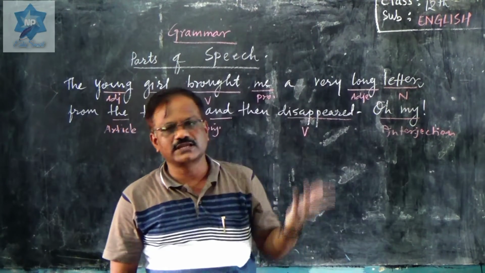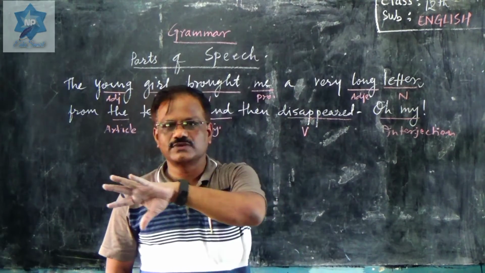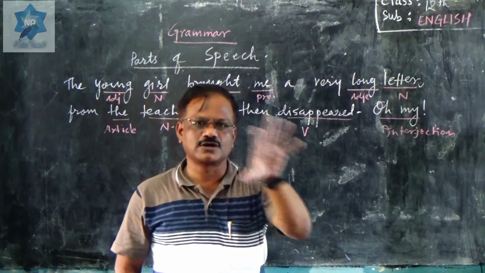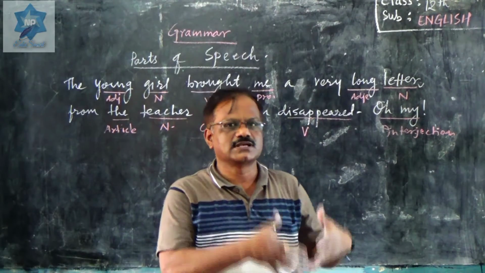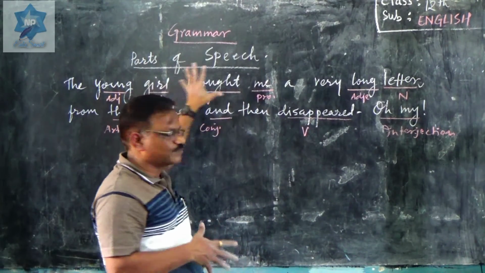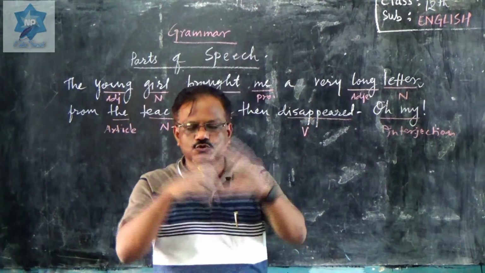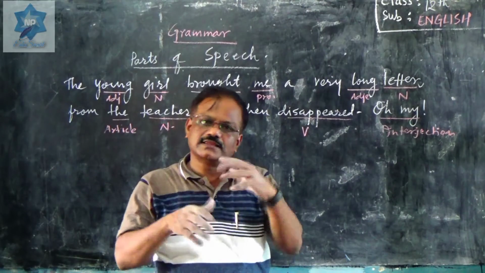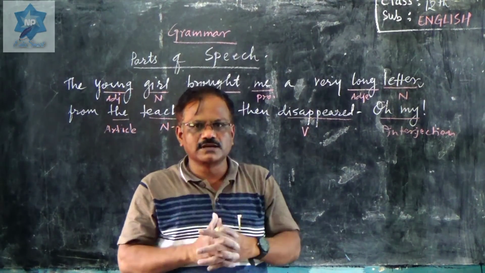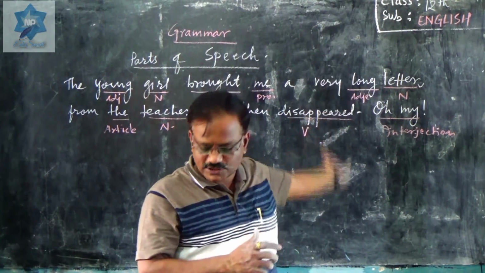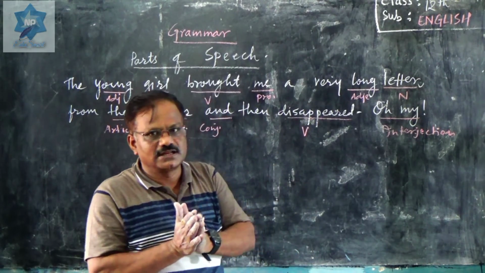According to these things, we can remember lakhs of words in any language, as we remember so many things in our house according to the arrangement we have made. In the same way, if you learn parts of speech properly, then you will arrange those words in your brain, and it will make you comfortable to remember those words according to the parts of speech. So that's what I wanted to teach you in this lecture, and thank you very much.